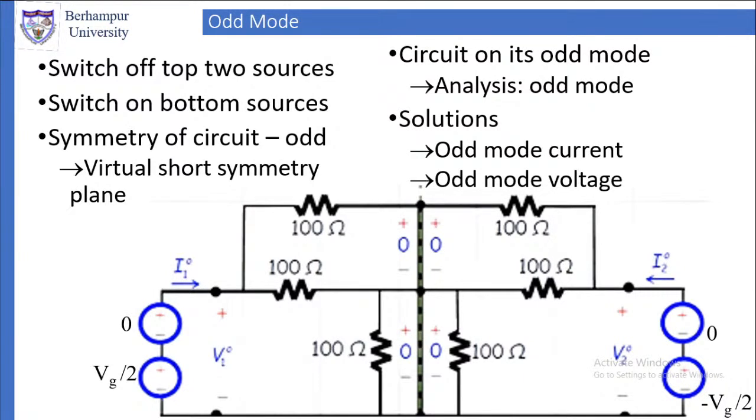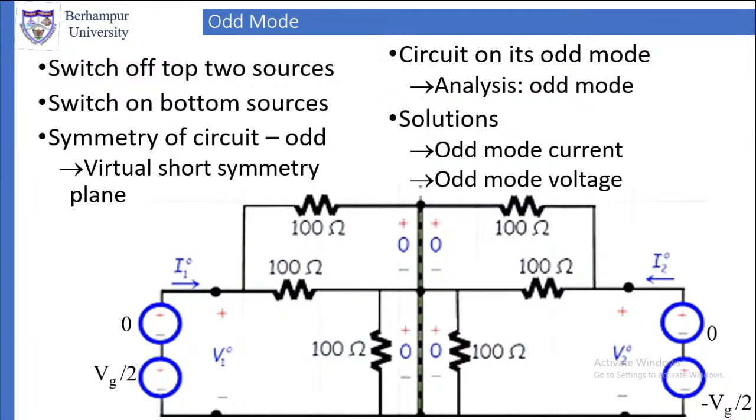This effectively leads to a virtual short symmetric plane. In the even mode we had a virtual open symmetric plane. Here we get a virtual short symmetric plane, because the voltage along the line of symmetry will be 0.